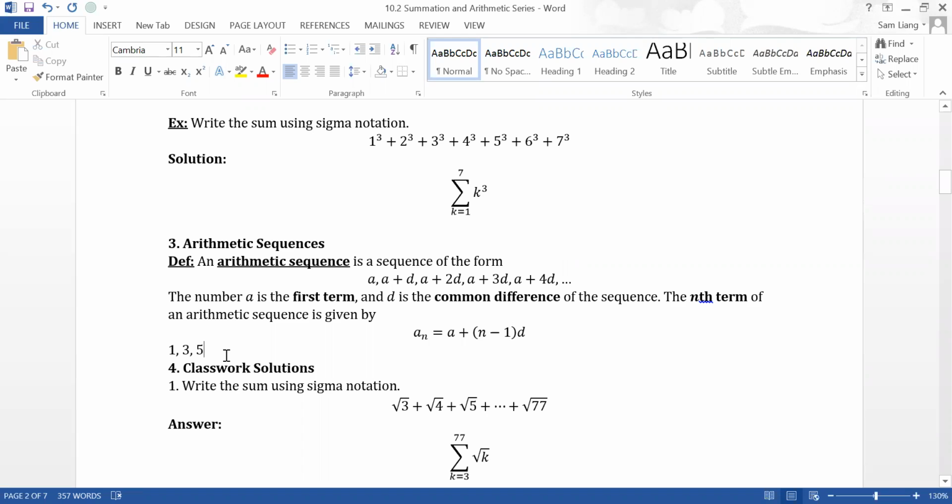Now if you start with a sub 0, as our textbook does not do, you could write this as a plus n times d. So this would be a sub 1 now, and it would be 1 plus 1 times 2, that's 3. Again, the n minus 1 comes from the fact that we start at a sub 1, not a sub 0, so you have to subtract 1 from the index.